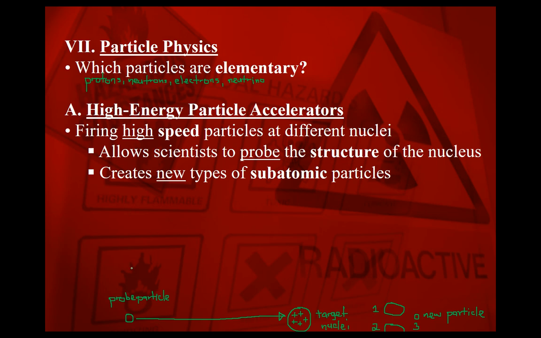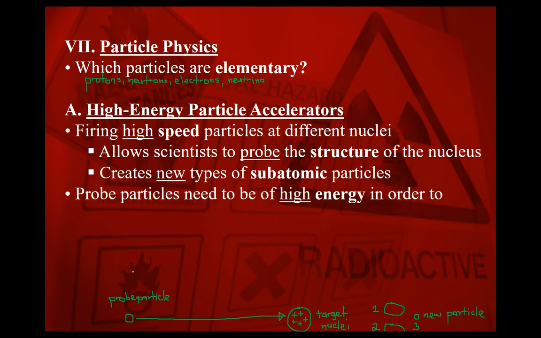Now, there's a couple of problems with this. First of all, this probe particle needs to be really, really, really high energy. The reason being is, well, first of all, I said it needs to overcome the strong nuclear force. I haven't really defined the strong nuclear force yet, and I'll do it in much greater detail in the next lesson.